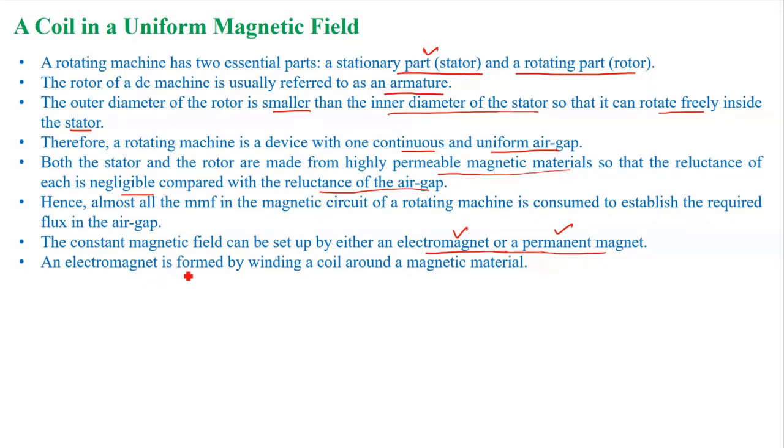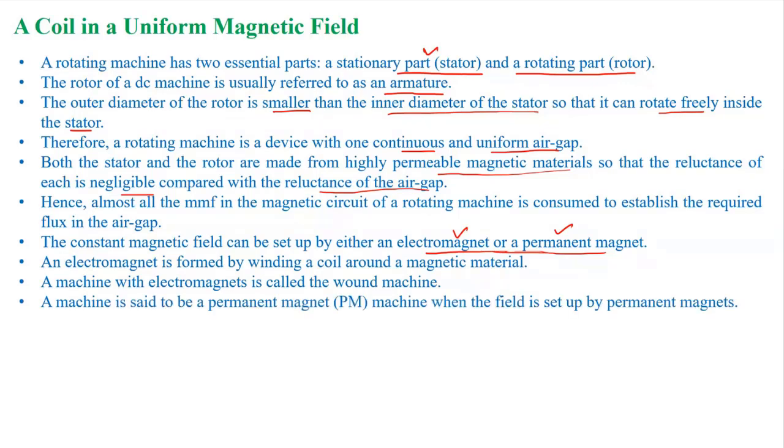An electromagnet is formed by winding a coil around a magnetic material. A machine with electromagnets is called a wound machine. The machines that use electromagnets are called wound rotor machines or wound machines. A machine is said to be a permanent magnet machine when the field is set up by permanent magnets.